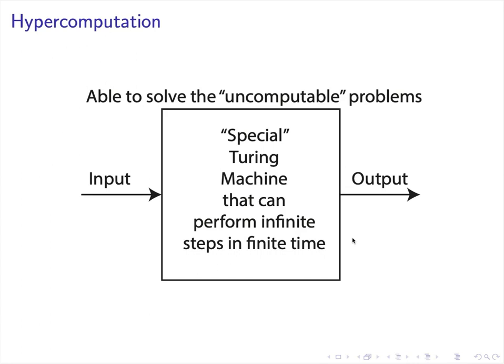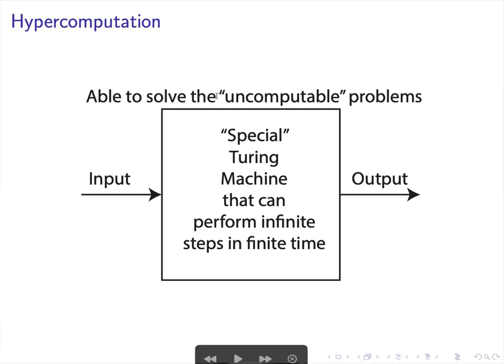Then clearly, this Turing machine is more powerful than a regular Turing machine because it can do infinite steps of computations in a finite amount of time. From this fact, these people usually derive the higher level consequence that now these machines are able to solve uncomputable problems, because they are more powerful than regular Turing machines.